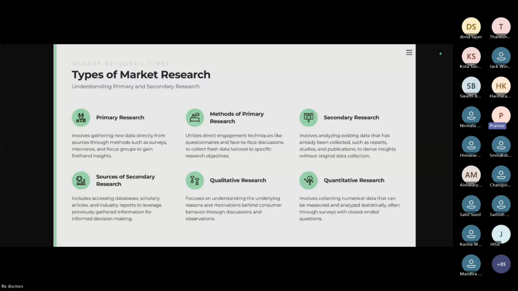And secondary research, on the other hand, involves analyzing existing data. It could include industry reports or market studies or published journals, things like these. So both these approaches are really important and often are used in complement to each other in building a complete picture for the market.